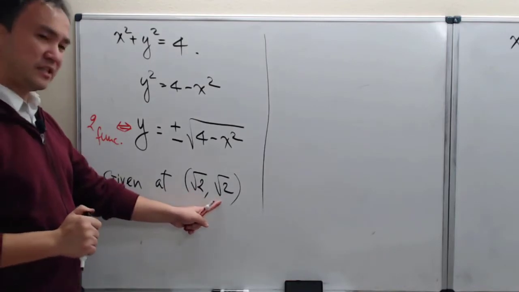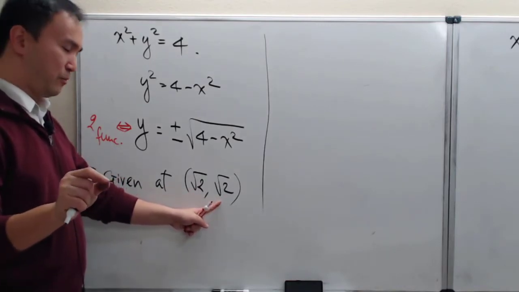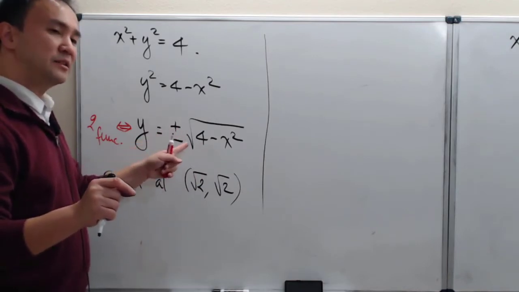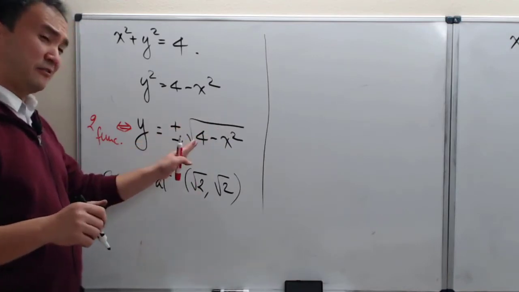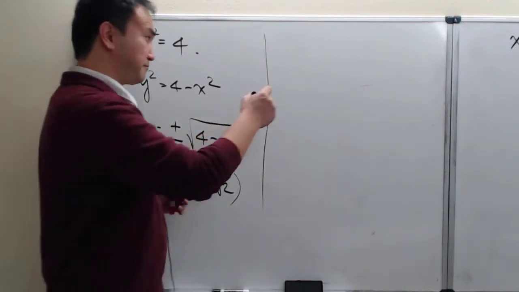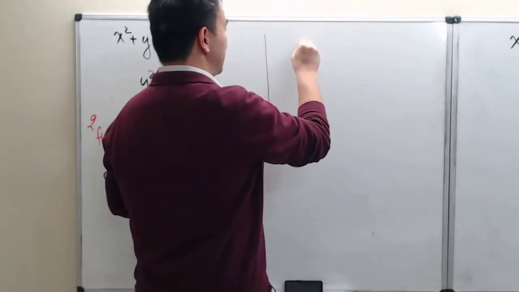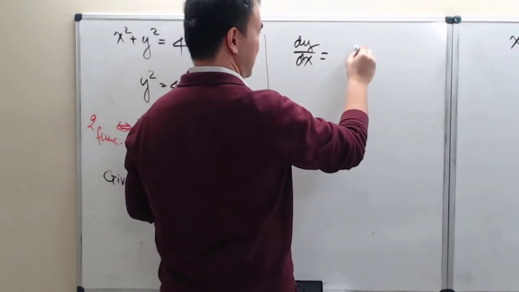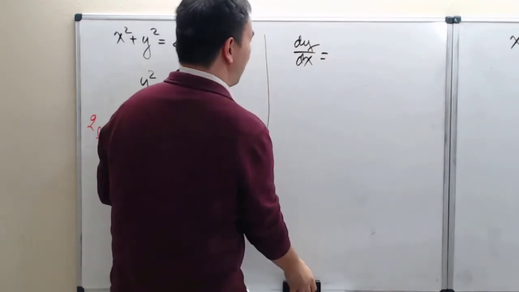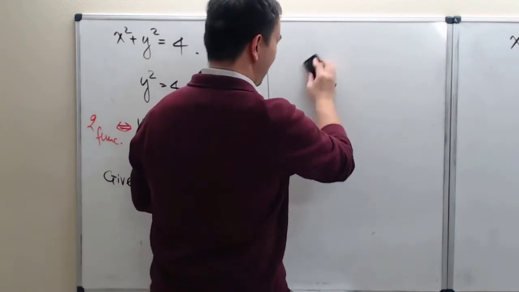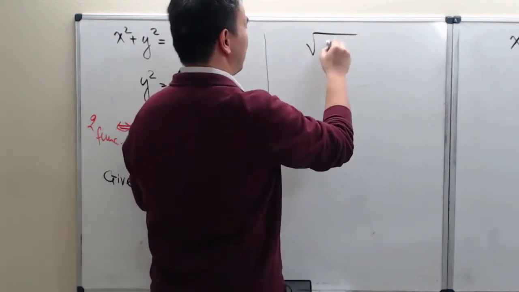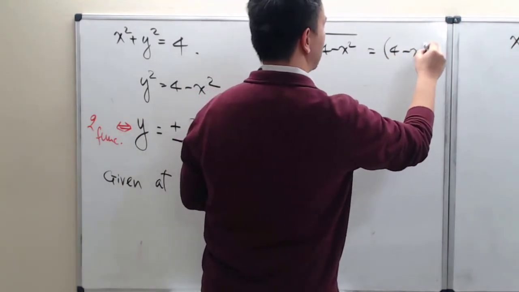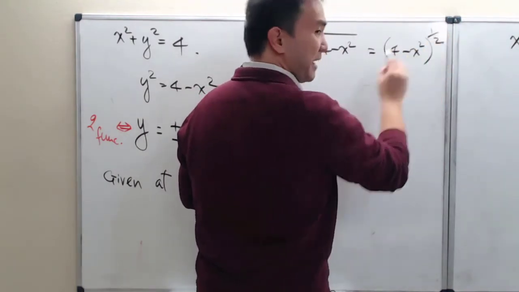Okay? 2 functions for yourself. And so we use this given information about the tangent point to decide that we must use this positive square root expression. And so now we're going to start taking the derivative. Even before the derivative, we have to think of the square root of 4 minus x squared as 4 minus x squared in parentheses to the 1/2 power, okay?